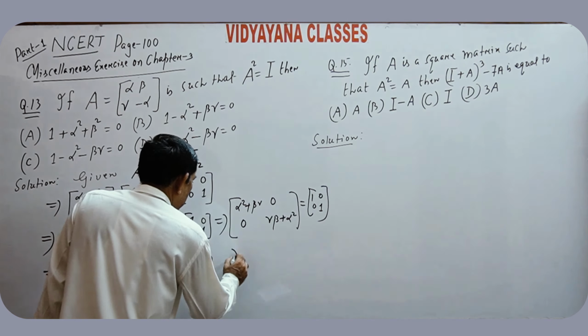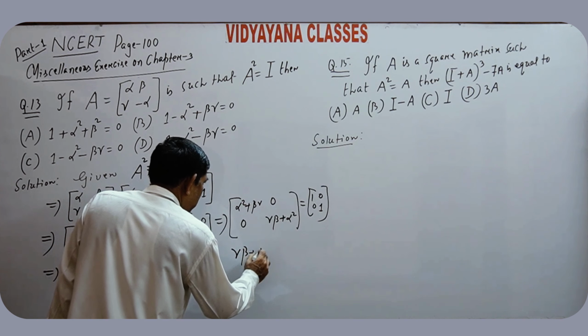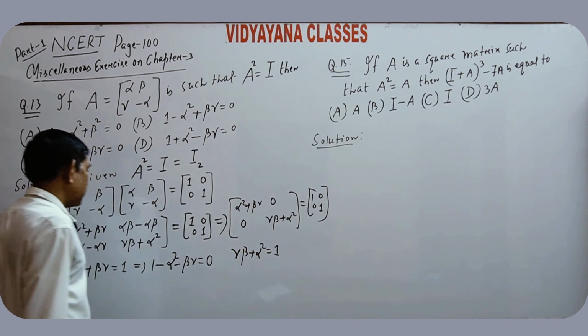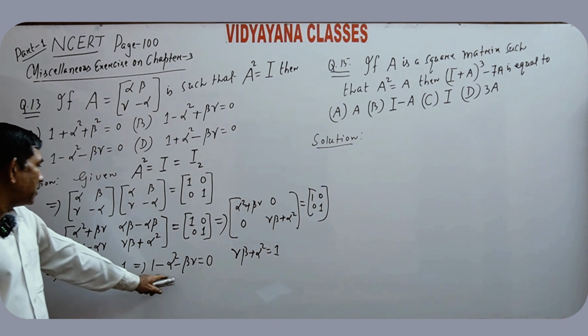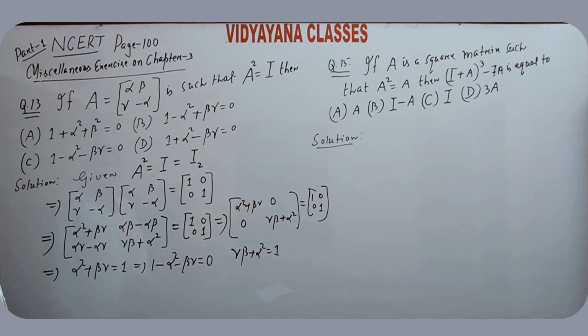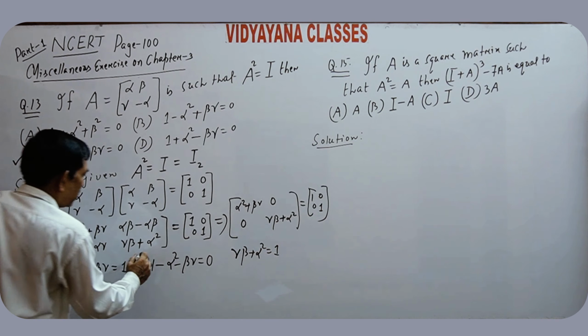And gamma beta plus alpha square is also 1. The correct option is 1 minus alpha square minus beta gamma, that is C. It is the correct option.